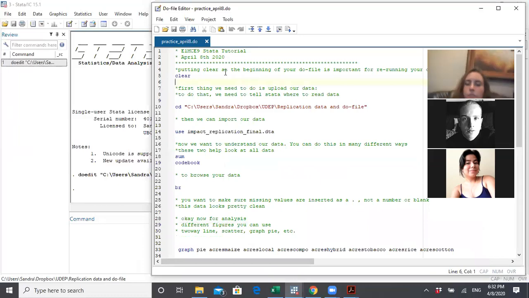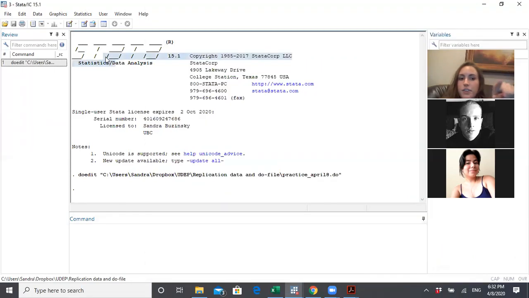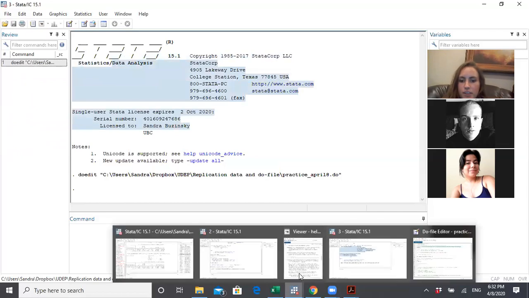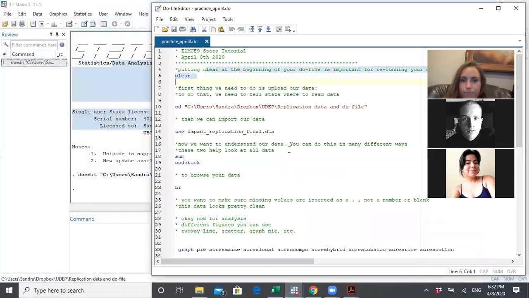So first thing you want to do is hit clear. I mean, right now it's fine. It doesn't matter because our data is clear, but say you already are running code and you already have data in your memory, and then you want to start your do file from the beginning again. Make sure you hit clear or else you'll get an error.